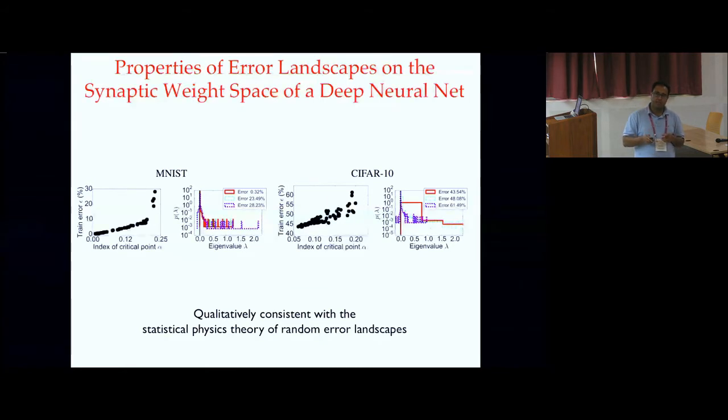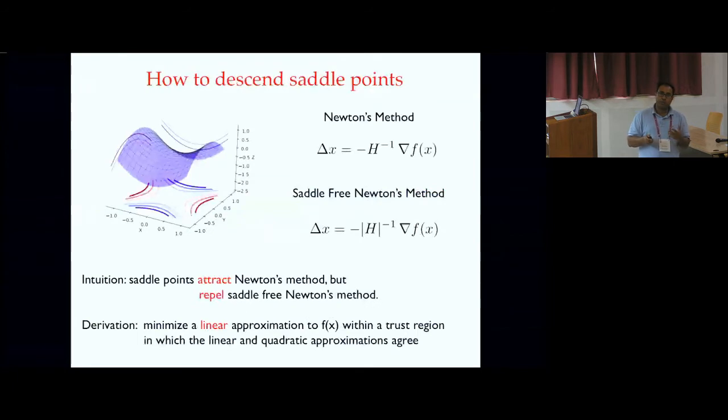Okay, so again, what is Newton's method? Newton's method is you take a step down the gradient, but you pre-multiply by the inverse Hessian. The reason for doing Newton's method is it descends a quadratic bowl in one step.